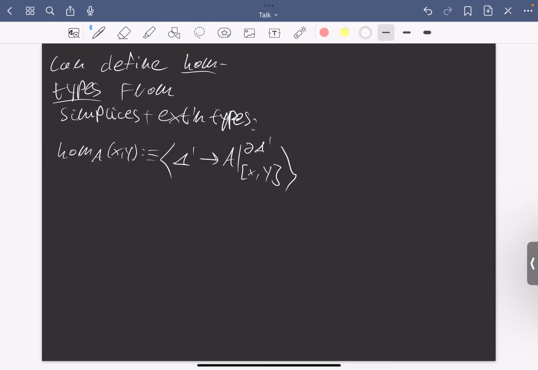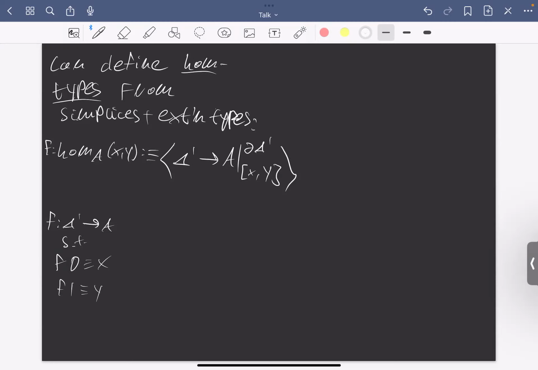So the inhabitants of this type will be functions f from delta 1 to A such that we have strict equalities f0 is x and f1 is y. So it's exactly what it should be.